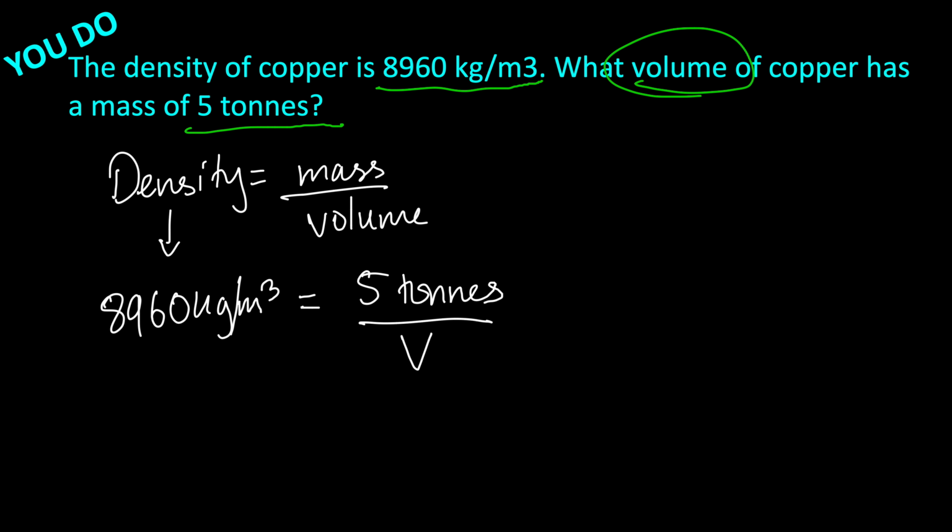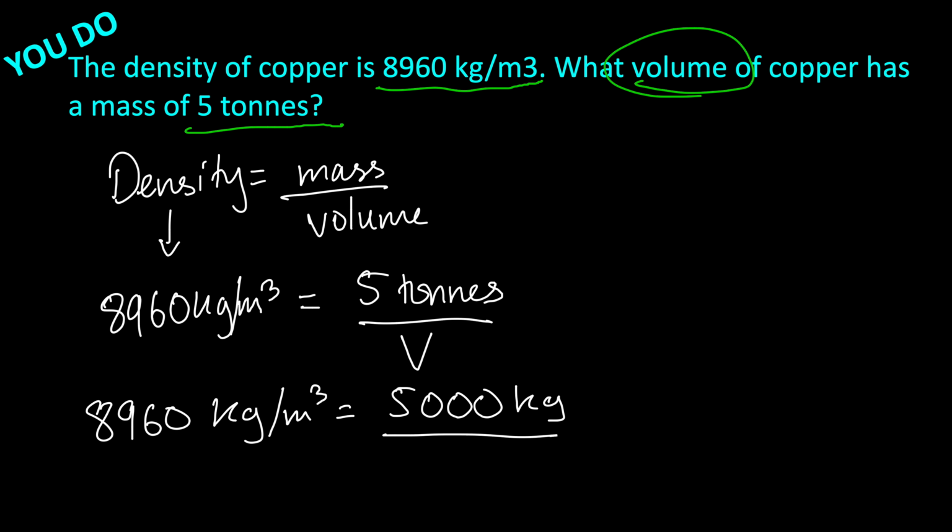Now, our mass is in tons, but as we spoke about earlier, our mass should be in kilograms. So we need to convert 5 tons into kilograms. To do that, we're going to multiply by 1,000. So now we're left with 8,960 kilogram per meter cubed is equal to 5,000 kilograms divided by a certain volume.